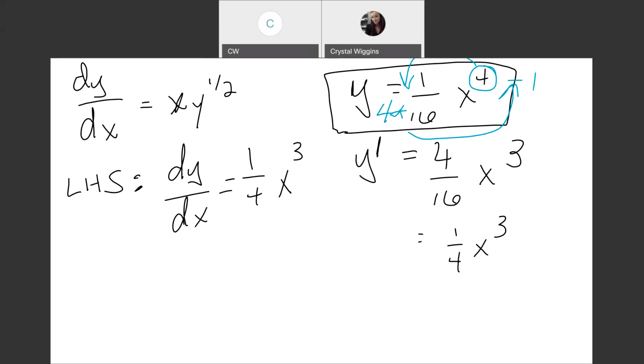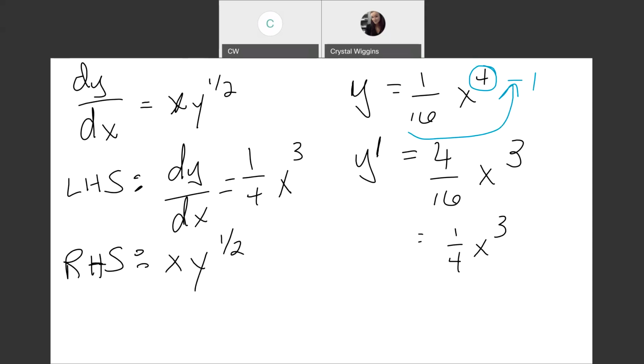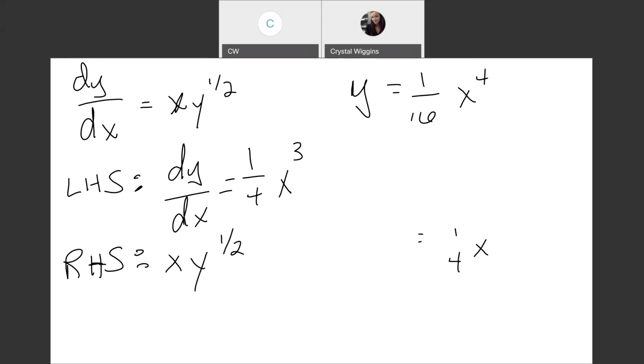Now what we need to show is that the right-hand side of the equation produces the exact same result. So right-hand side. The right-hand side of the equation is x times y to the 1/2 power. There are no derivatives on the right-hand side, so I don't need to take any derivatives now. But what I do need to do is substitute the y for 1/16 x to the 4th.